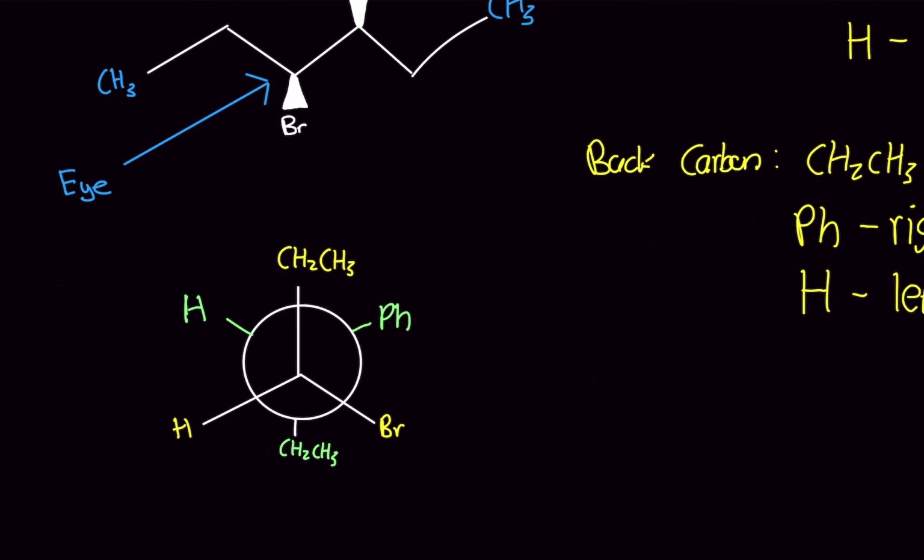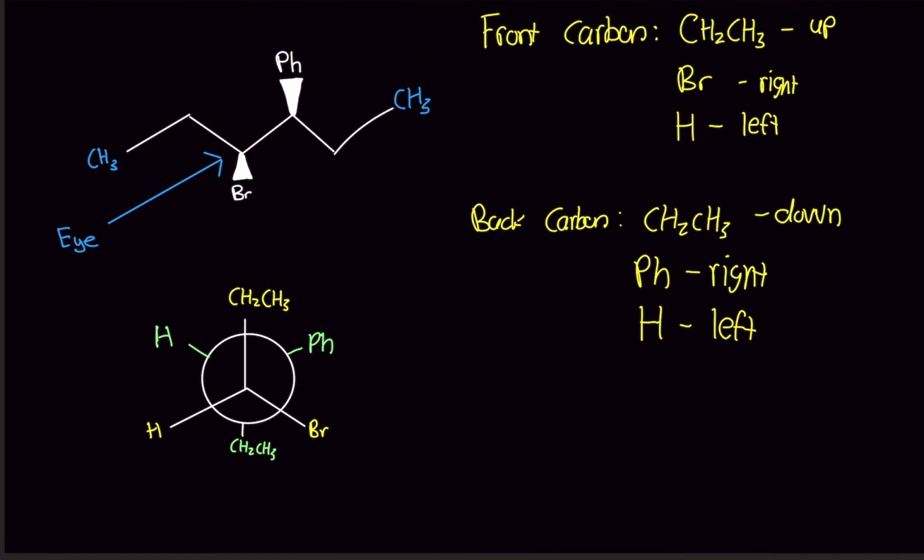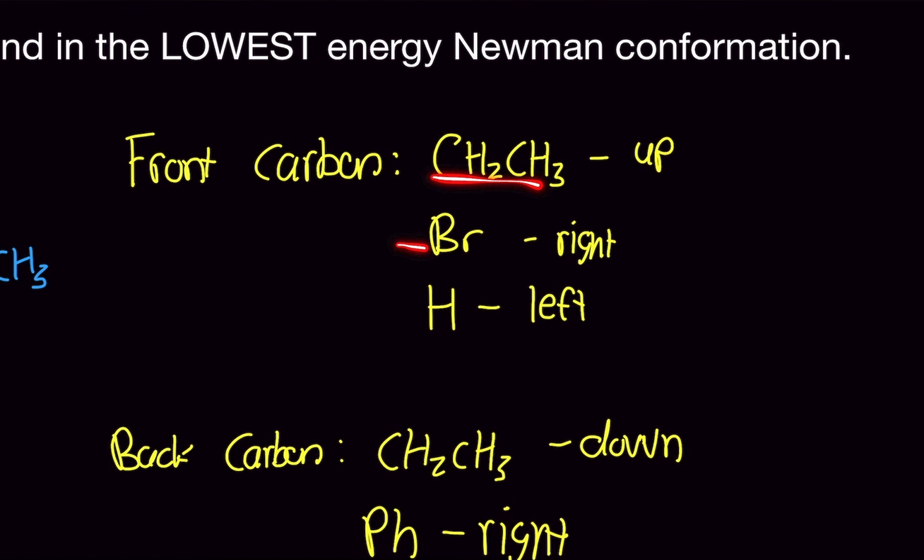So the bulkiest group from the front carbon, so the bulkiest group out of the CH2, bromine, or hydrogen is the ethyl group, CH2CH3. You might be thinking it was the bromine because the bromine's on the right-hand side of the periodic table, right? It's like all the way on the right-hand side. Wouldn't that be the biggest? I see where you're coming from, but in terms of steric hindrance, it's the longest molecule.